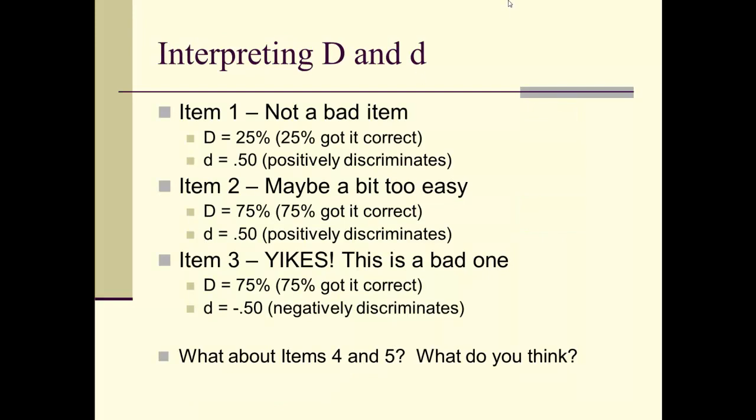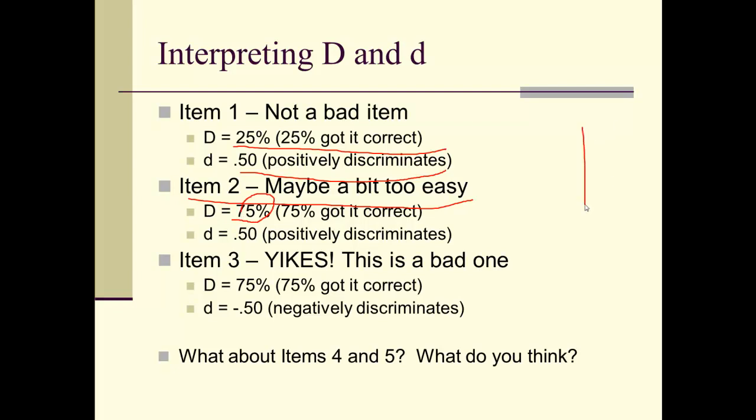Well, item 1 is not a bad item. 25% got it correct, and our discrimination level, half, positively discriminated because it is a positive number. Number 2 might be a little bit too easy. 75% of the people got it right.